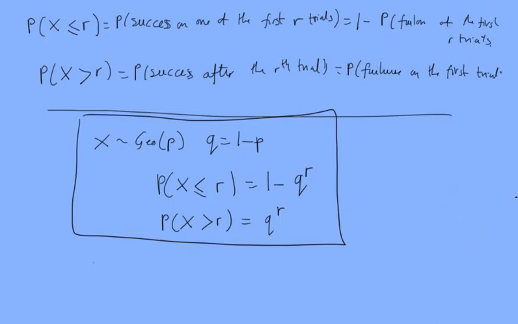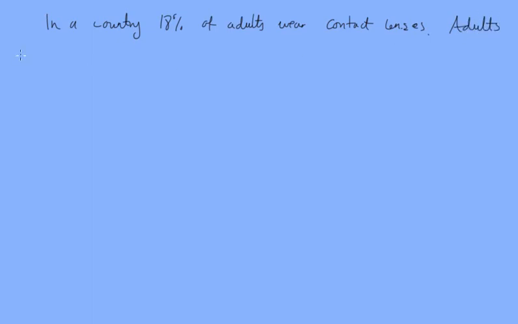We're going to look at a couple of examples using this. So in a country, 18% of adults wear contact lenses. Adults are randomly selected and interviewed one at a time.